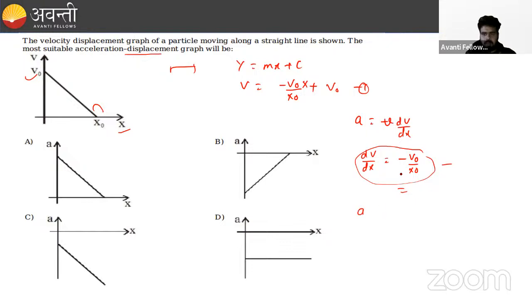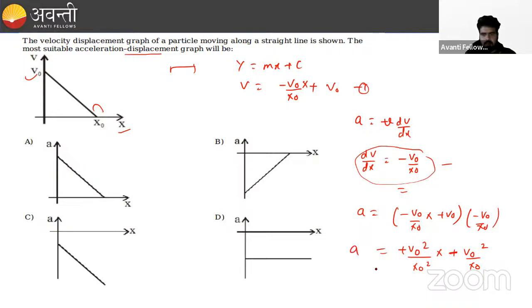Put the value of v here: a equals v dv upon dx, with v equal to minus v naught upon x naught times x plus v naught. After multiplying, minus minus becomes plus, giving v naught square upon x naught square times x, and minus v naught square upon x naught.